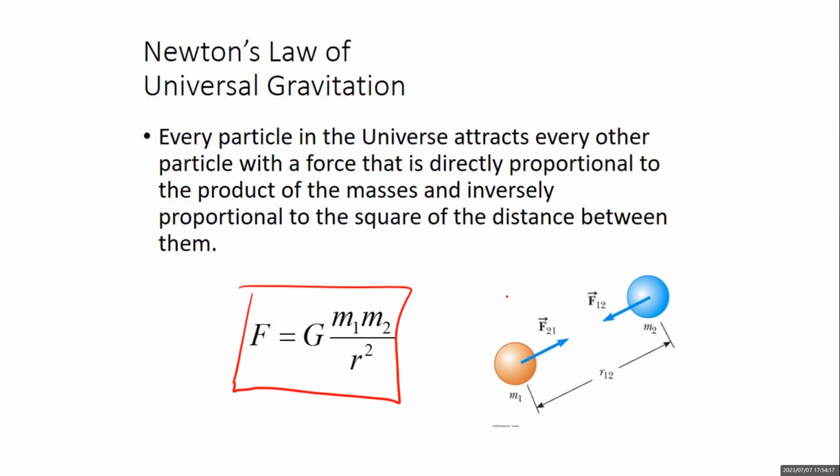As you can see, there's a mass m1 and m2 in the picture, and they are separated by a distance r, so they must be exerting a force on each other.